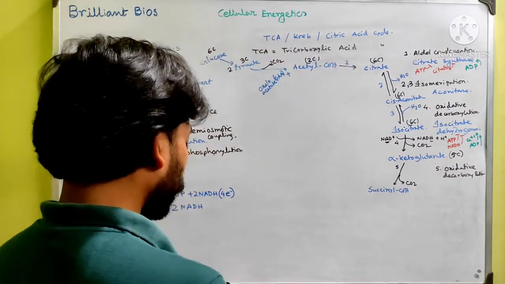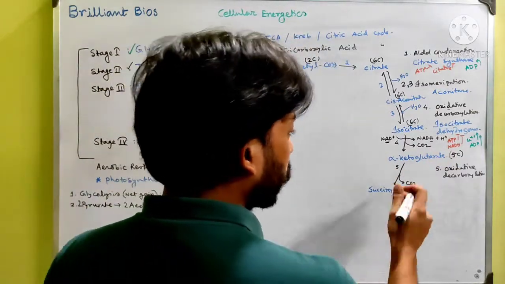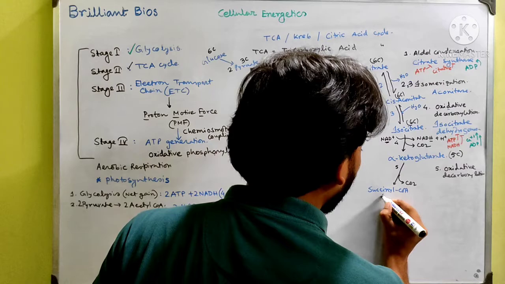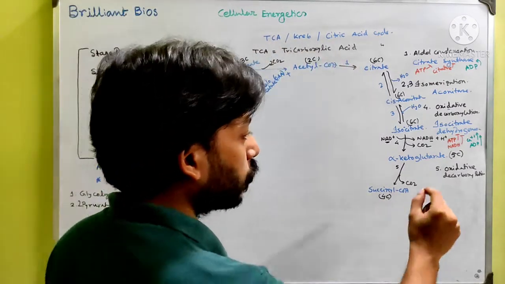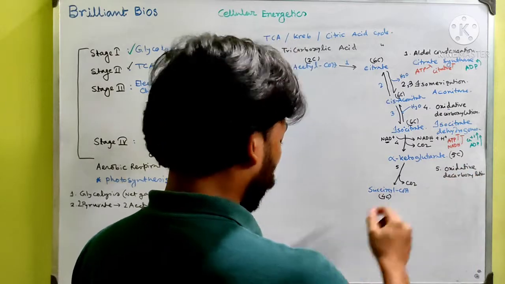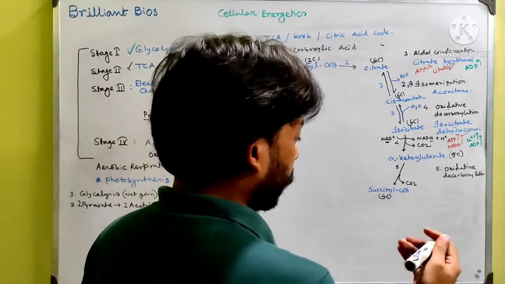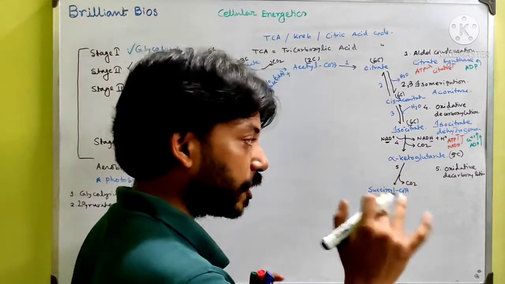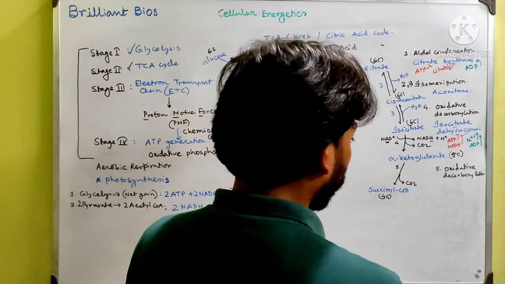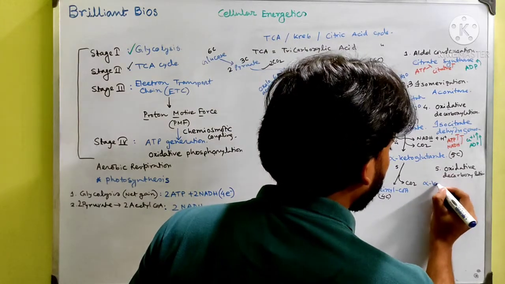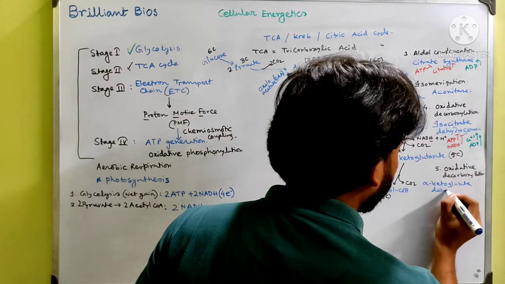You can see here that the alpha ketoglutarate was 5 carbon. Now the product releases 1 carbon, so it should be a 4 carbon molecule. Here also oxidation occurs and decarboxylation occurs, and the name of the enzyme you must remember, that is alpha ketoglutarate dehydrogenase. Very simple.